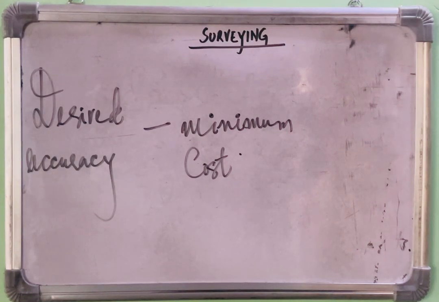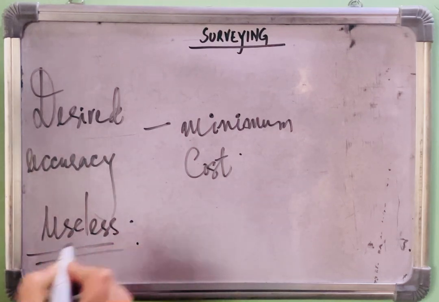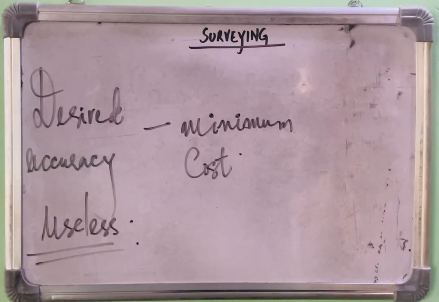See, if the standard of accuracy achieved is less than the specified, the results will be useless. So that is also to be taken care of. And on the other hand, if the accuracy attained is more than the specified, it would lead to wastage of time, money, and effort.